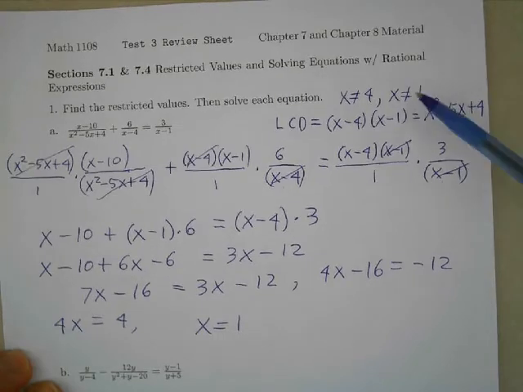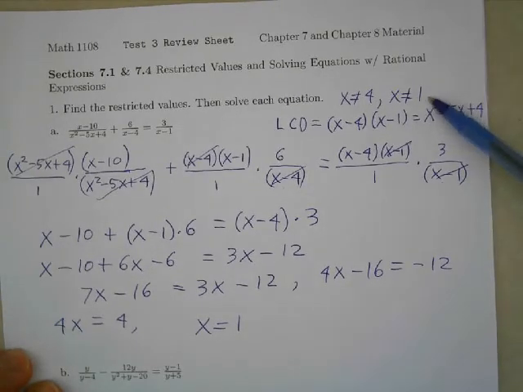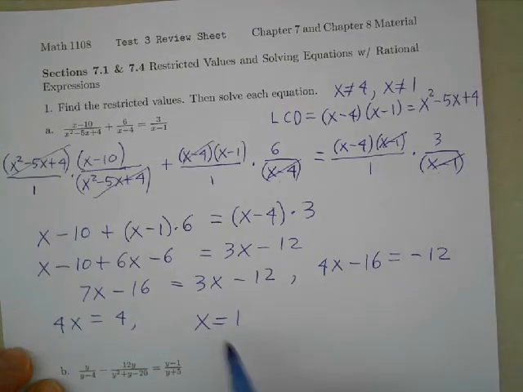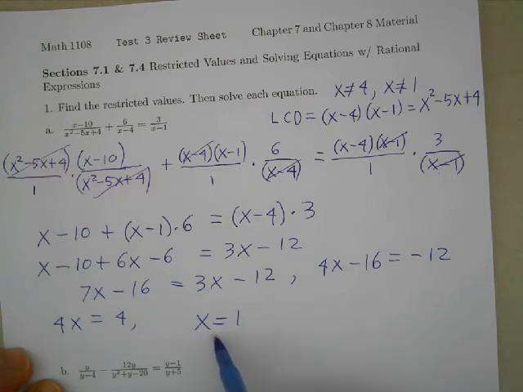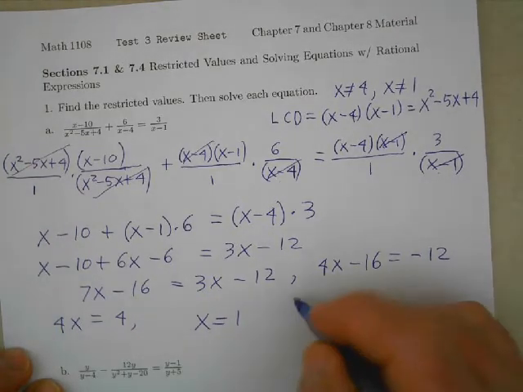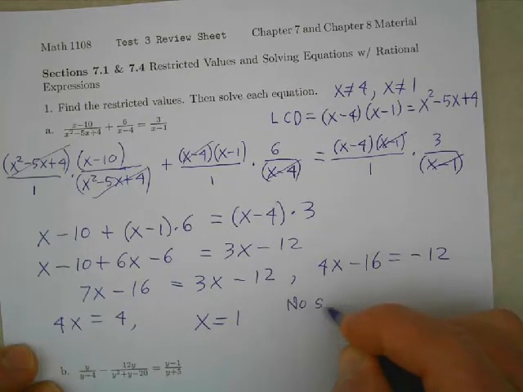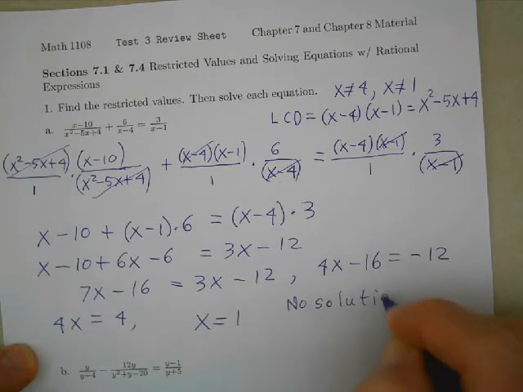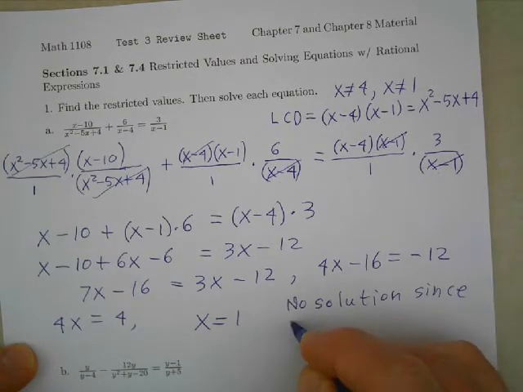But remember that 1 is a restricted value. So since 1 is a restricted value, the original equation has no solution. So no solution. And that is no solution since x equals 1 is restricted.